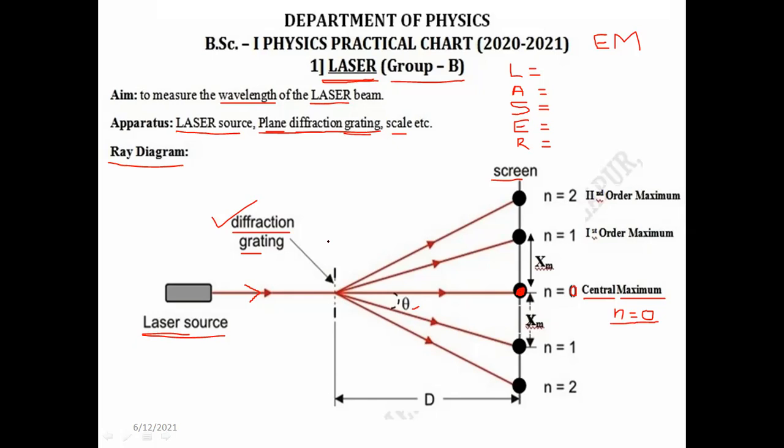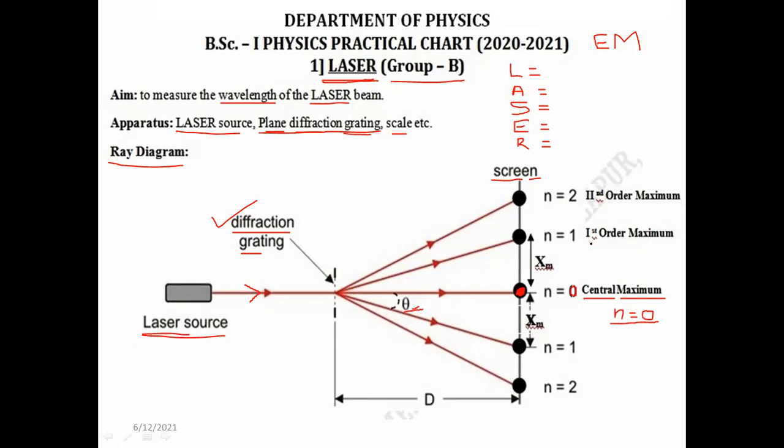Now the moment you insert the diffraction grating between the path of the laser beam and the screen, you can observe that a number of spots are visible. Depending upon the angle of diffraction, the intensity of the laser beam is getting diffracted along with the light.